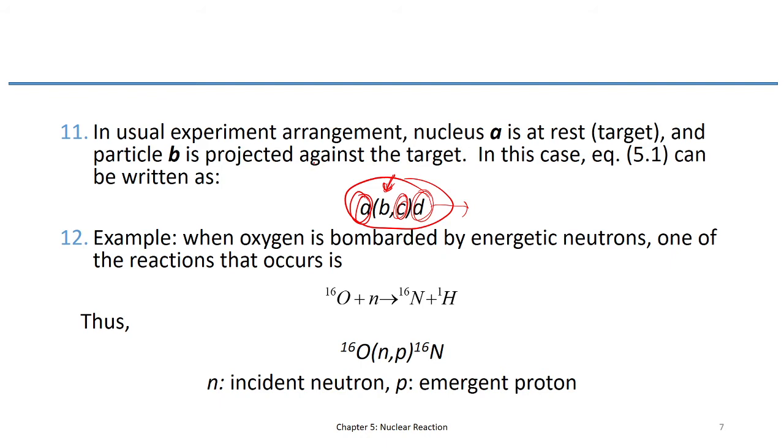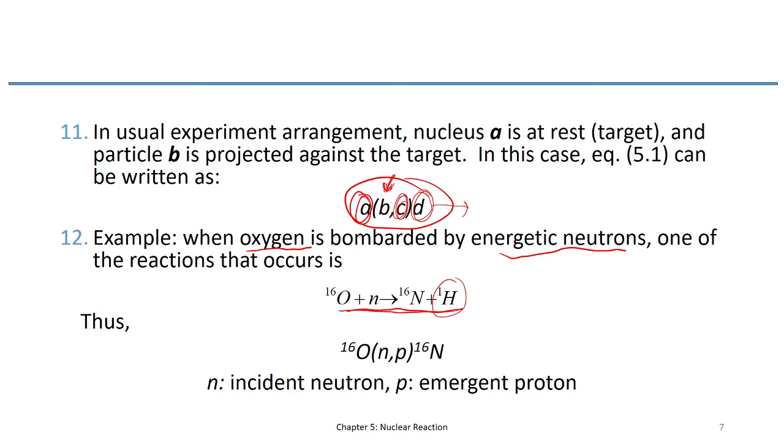So for example, oxygen is the target, and the bombardment involves a neutron. According to 5.1, you have oxygen 16 bombarded with neutron, giving us nitrogen 16 plus a proton.